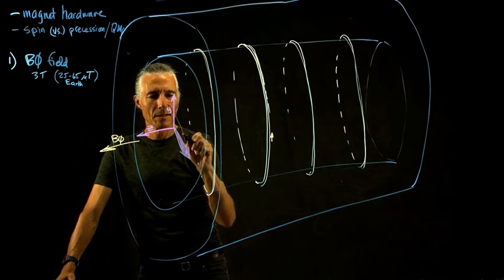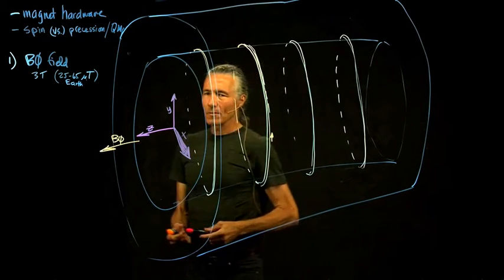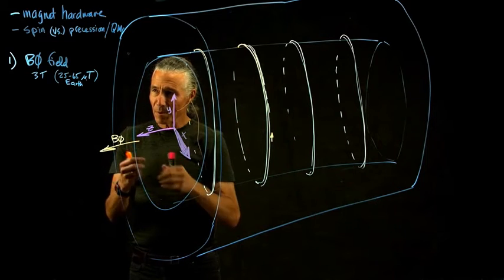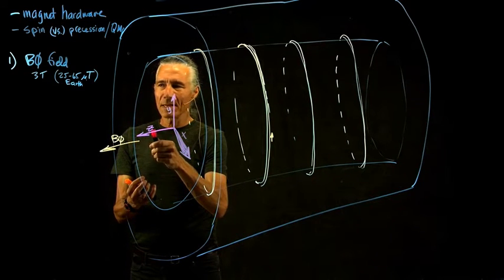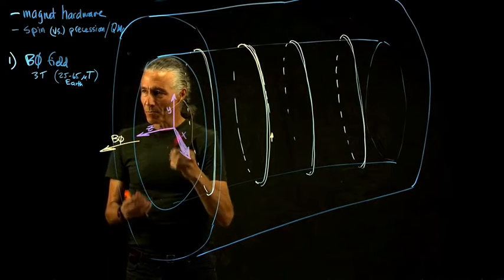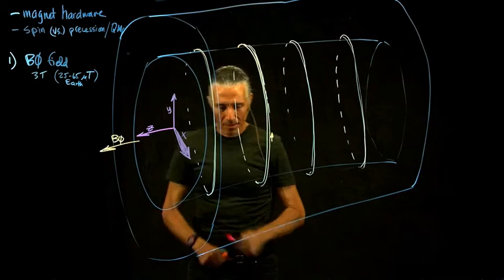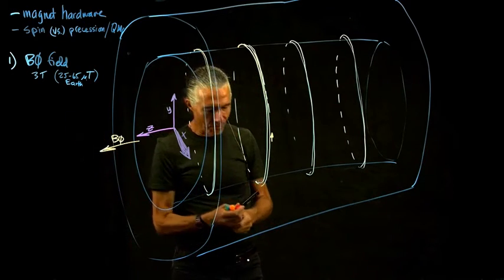So here's the x-axis. When you're in the magnet, the z-axis is kind of horizontal, but a lot of times when people make pictures of spins, they make the z-axis go up and down. So I'll warn you when that happens. Okay, so that's the first part, the B0 field.